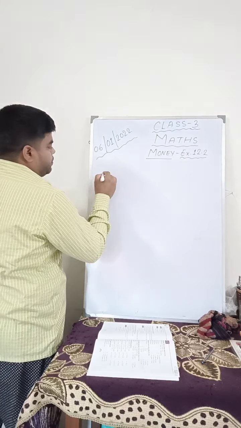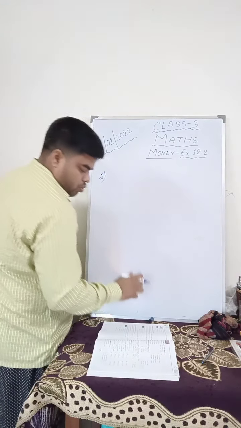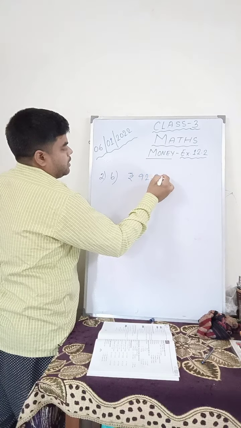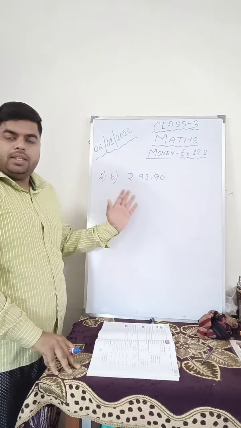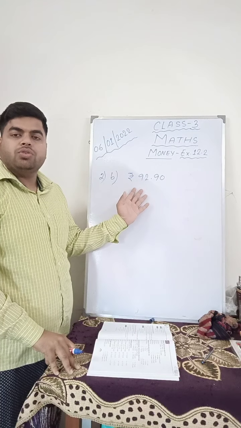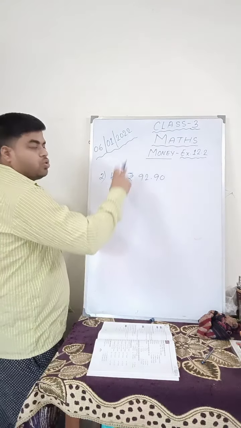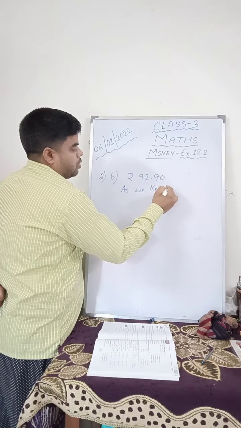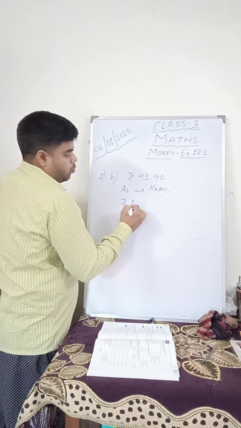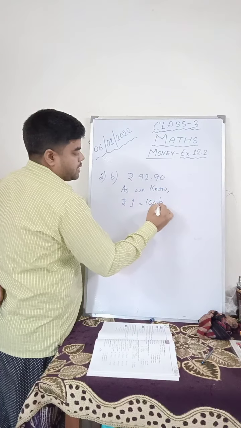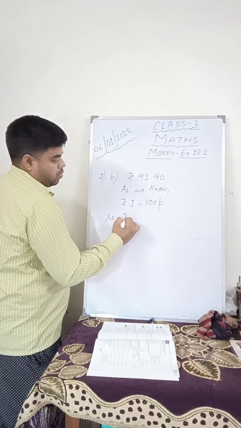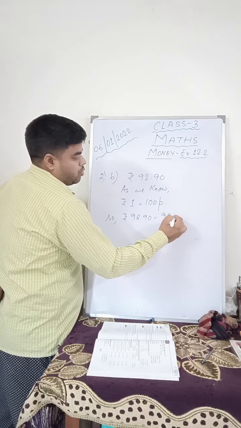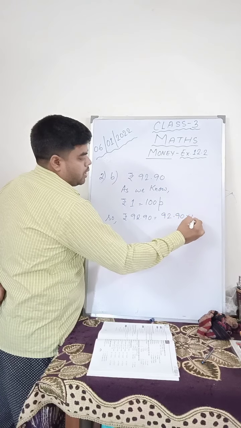Question number 2B. Suppose rupees 92.90. This they have given you and they have asked you to convert this into paisa. So from rupees to paisa, again you will write, as we know, rupee 1 is equal to 100 paisa. So rupees 92.90 is equal to 92.90 into 100.